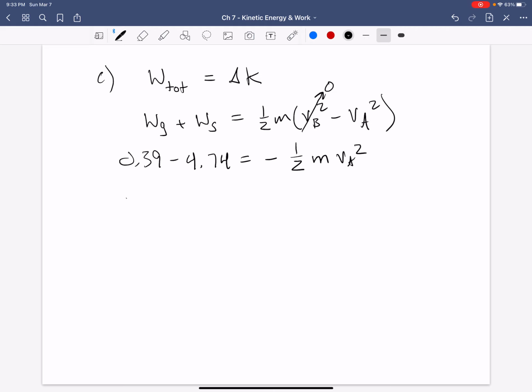So solving for VA, the speed at A, gives us that divided by the mass of 0.25 and square root of all that. Whoops, negative in there. There we go. That way the calculator doesn't scream at you. We should get a positive speed of about 5.9 meters per second.